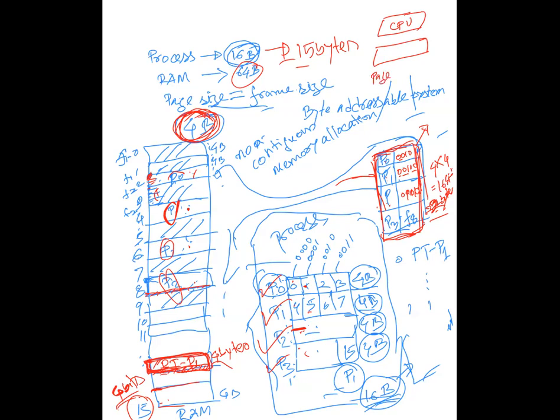It is one register, like the process table base register. It contains this: 11, 12, this is 13. So this 13 will be loaded inside this base register. Similar to the process table, this location is always fixed.